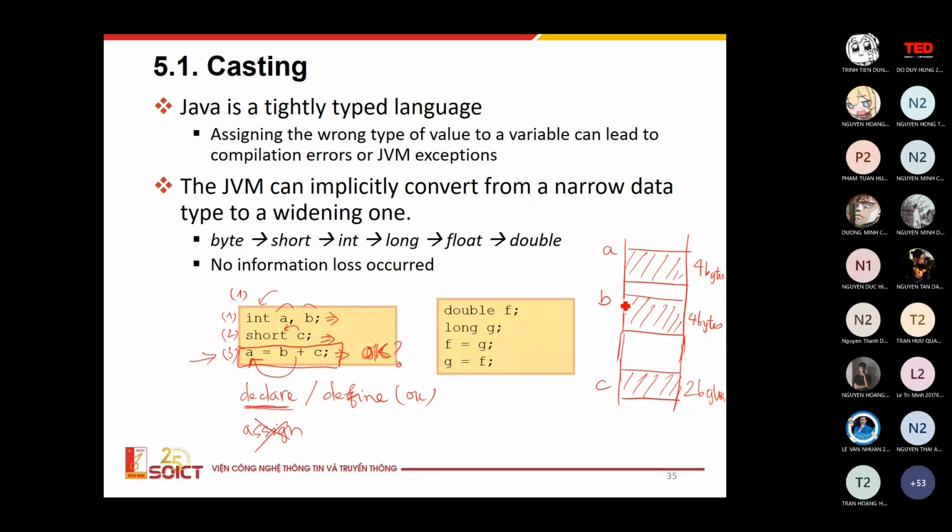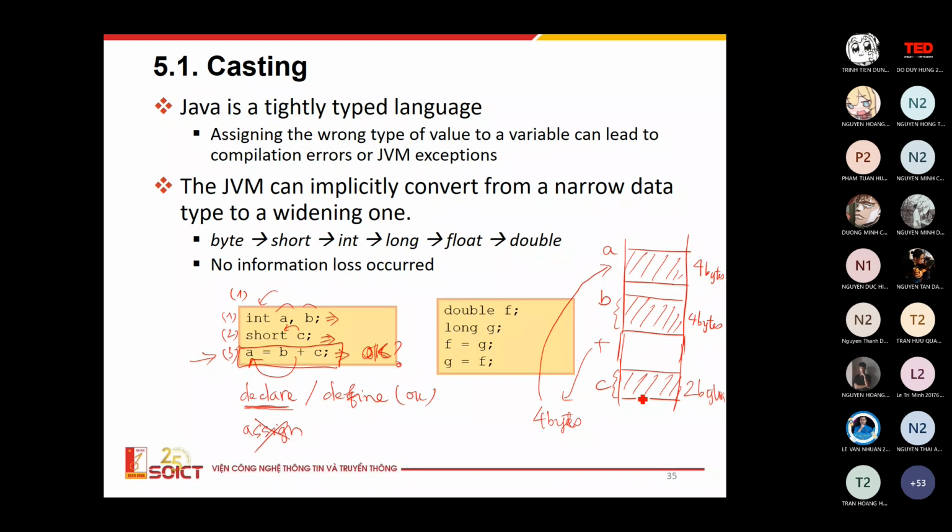From B, okay, B is 4 bytes, C you have 2 bytes, and when you add them, it will give you the sum of B and C. Yeah, the maximum can be stored in 4 bytes. And then you use this value to assign to A, for example. So for this, the command is okay.